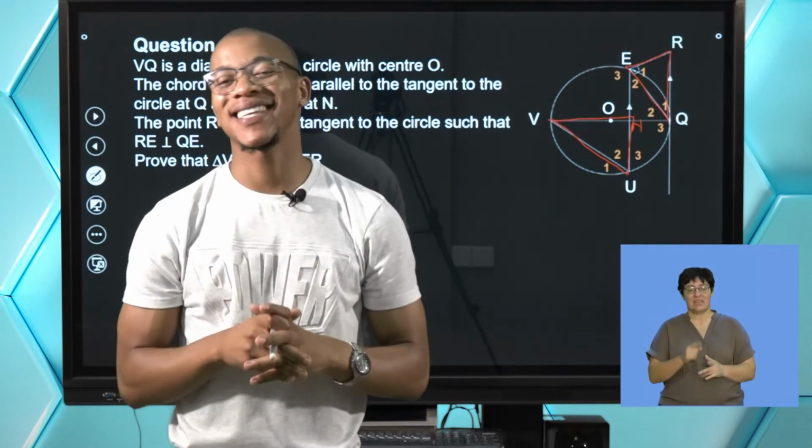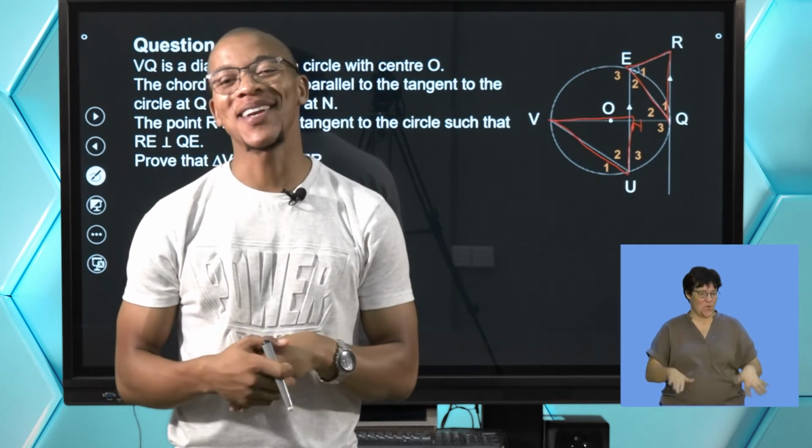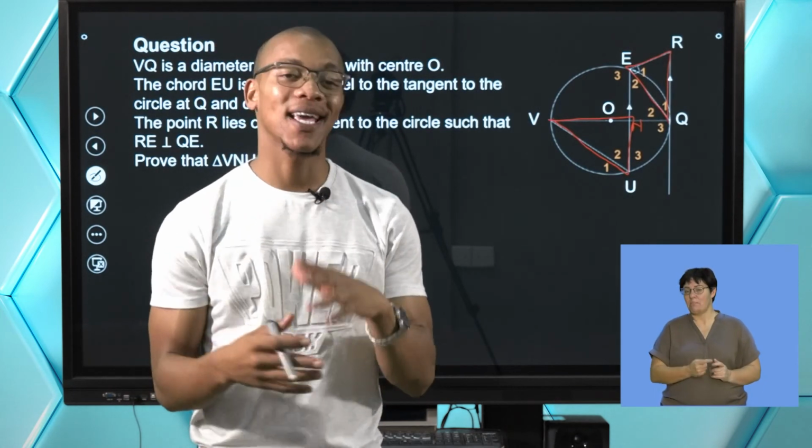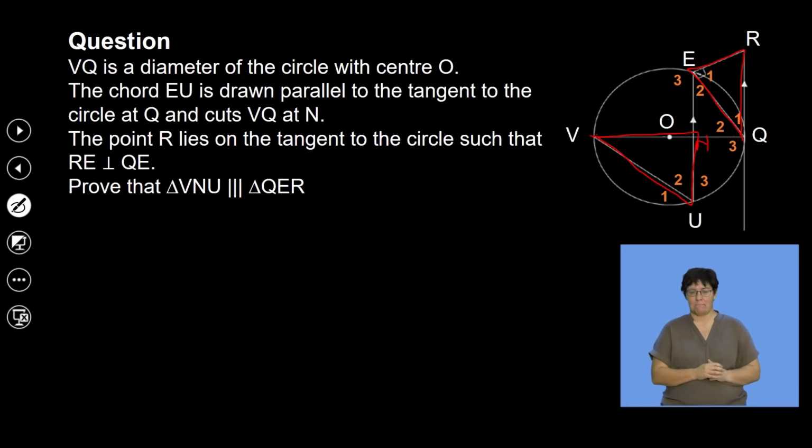Then claim that they are similar. So this is really a very nice question for you to look at. So let's see how we do that. Now, with this one, what do I know? I know that they told me that these lines are parallel to each other, and this is 90 degrees. So that's the first thing I'm going to say, right?